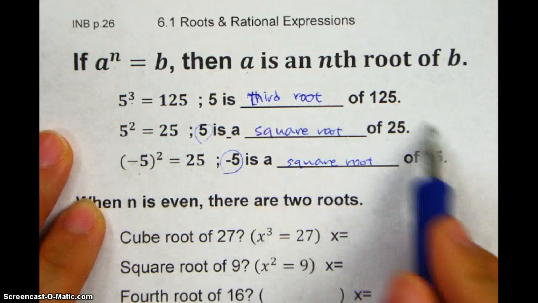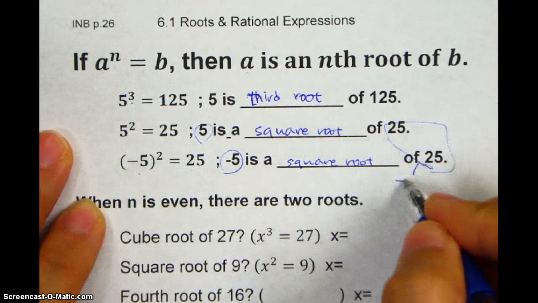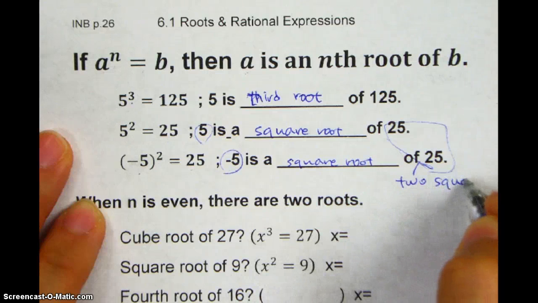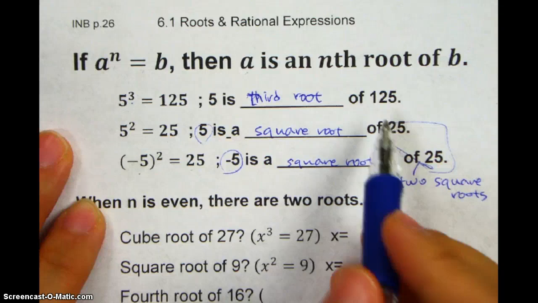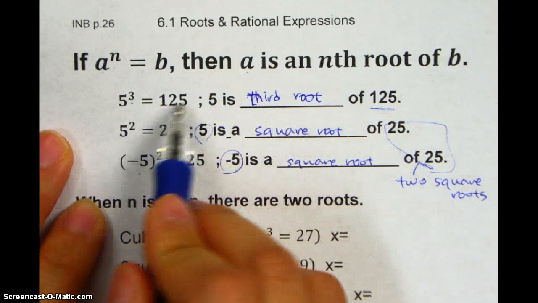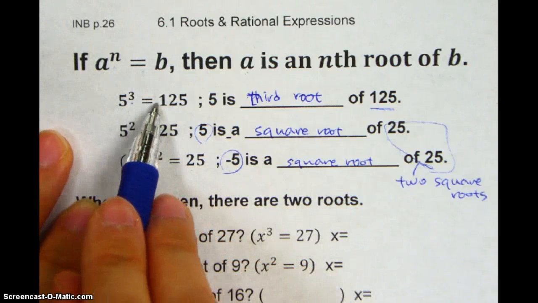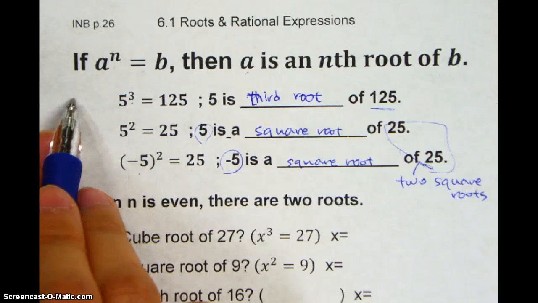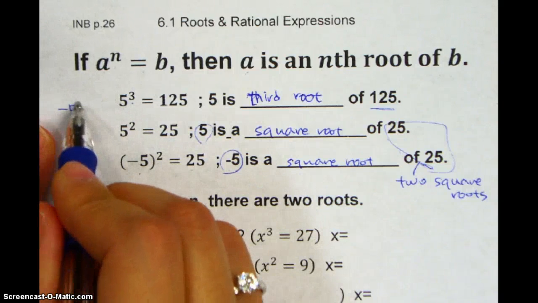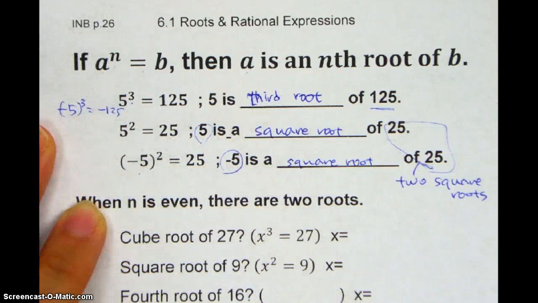So we notice that both 5 and negative 5 are the square roots of 25. That means 25 has two square roots, whereas 125 has only one third root. There's only one number that if you raise to the third power, you get 125, because if you raise negative 5 to the third power, you will get negative 125, not positive 125.